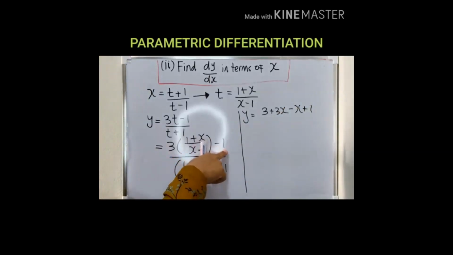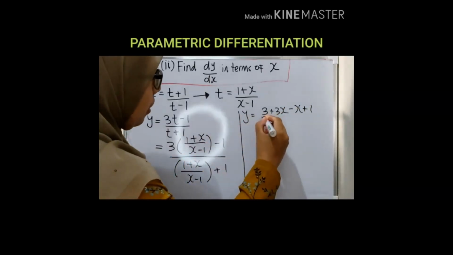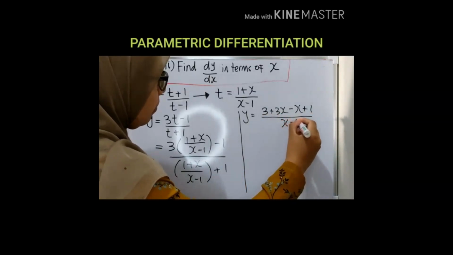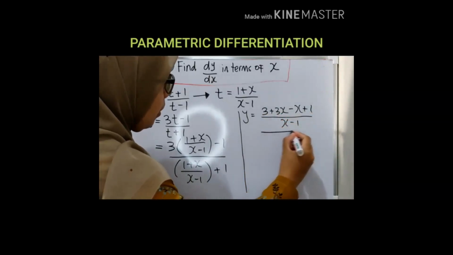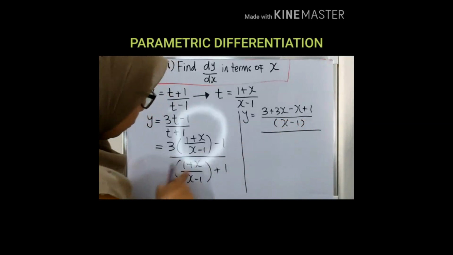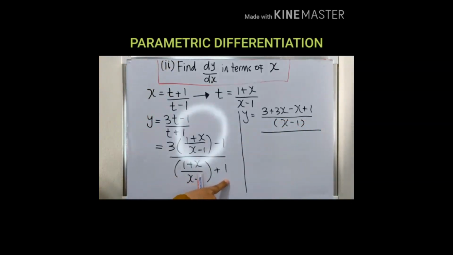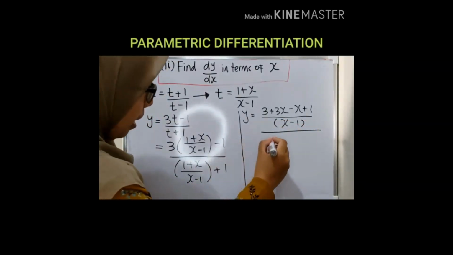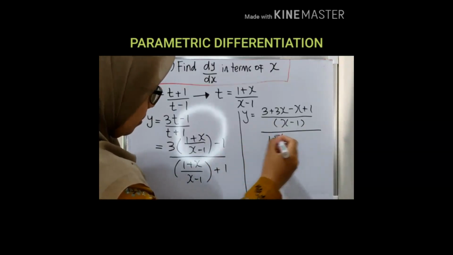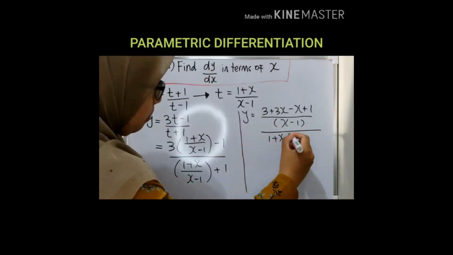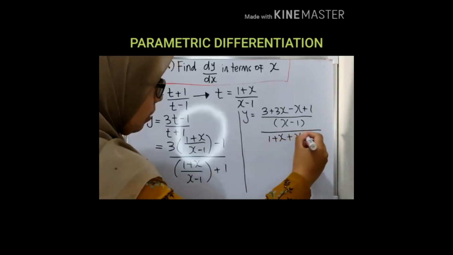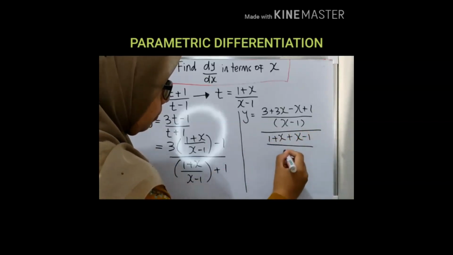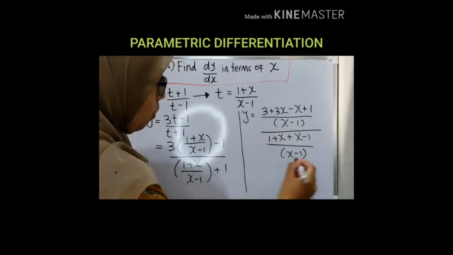I multiply this with x minus 1, over x minus 1, and for the denominator I also multiply with x minus 1, so I should have 1 plus x plus x minus 1 over x minus 1.